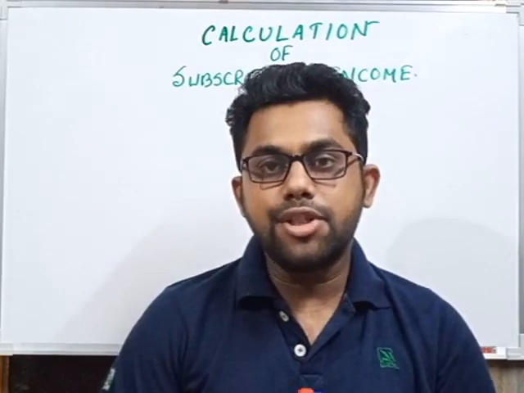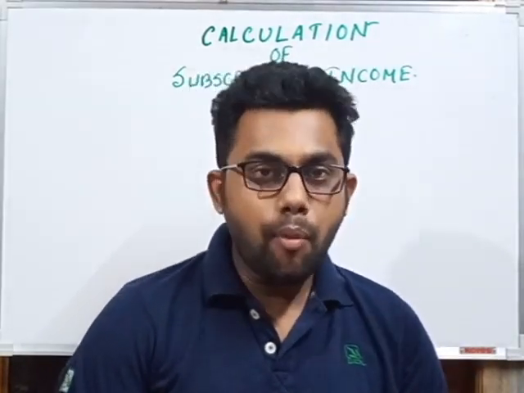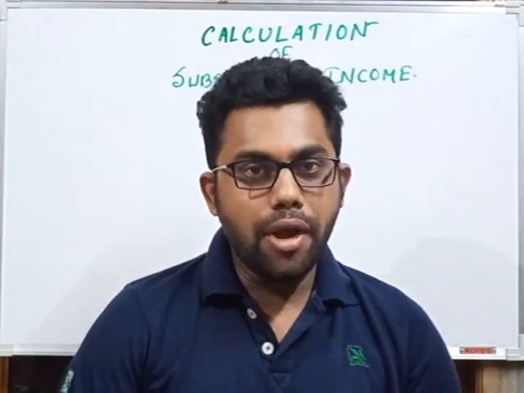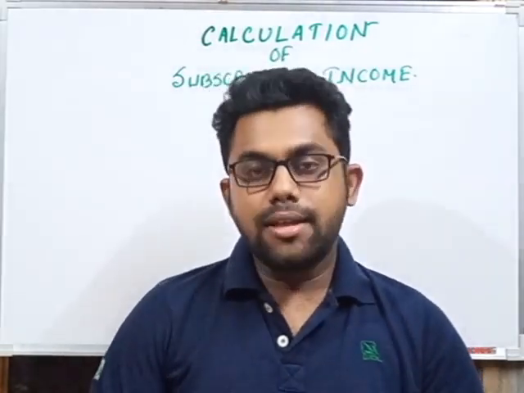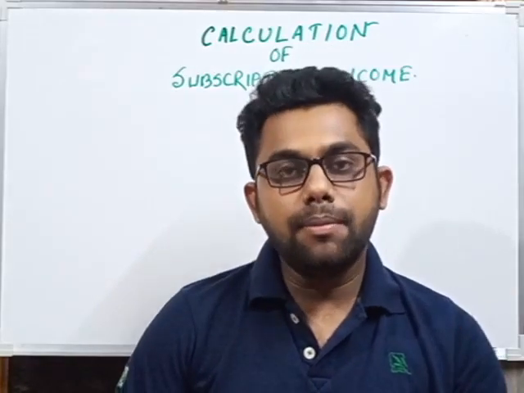So we have differentiated between these two accounts and found some important differences, and we have also discussed the difference between income and expenditure account and receipts and payment account.